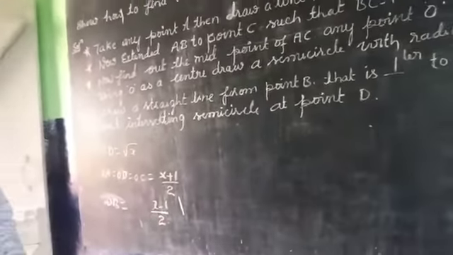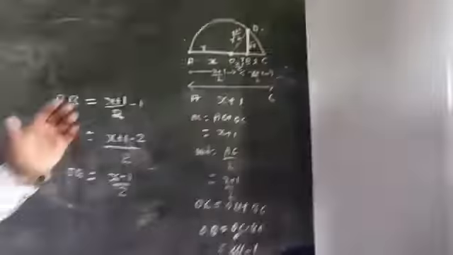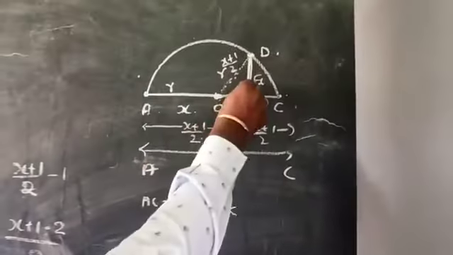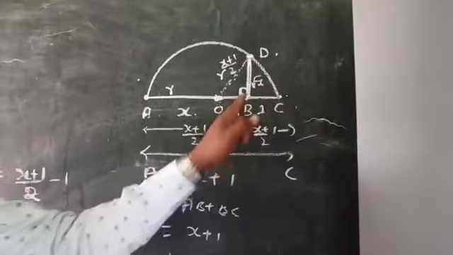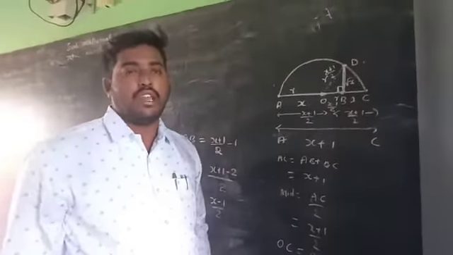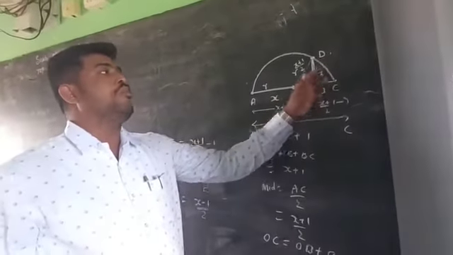Next, look at this figure: OBD forms a right angle triangle. Is it right? OBD is a right angle triangle. By applying the Pythagoras theorem in triangle OBD.